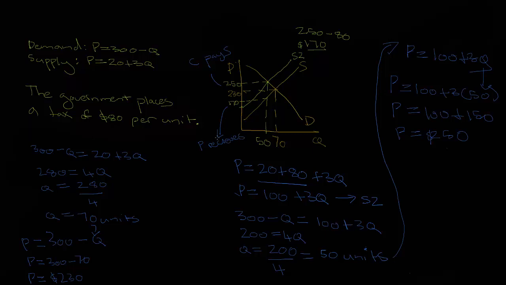So now we can find out the deadweight loss and the percentages. If the consumer pays $250 and the producer receives $170, the proportion of the tax that each one has a burden of is just this shaded area here. This is the proportion of the tax that the consumer pays, and this is the proportion that the producer pays.